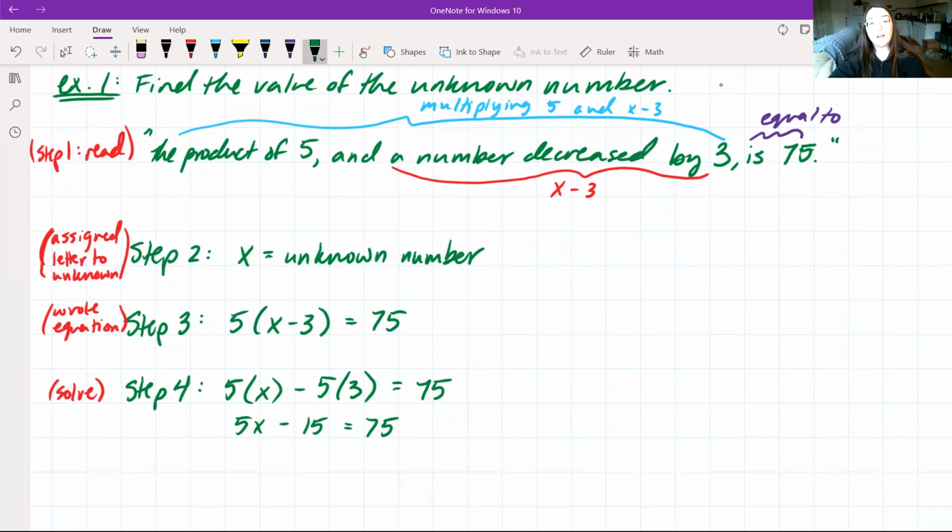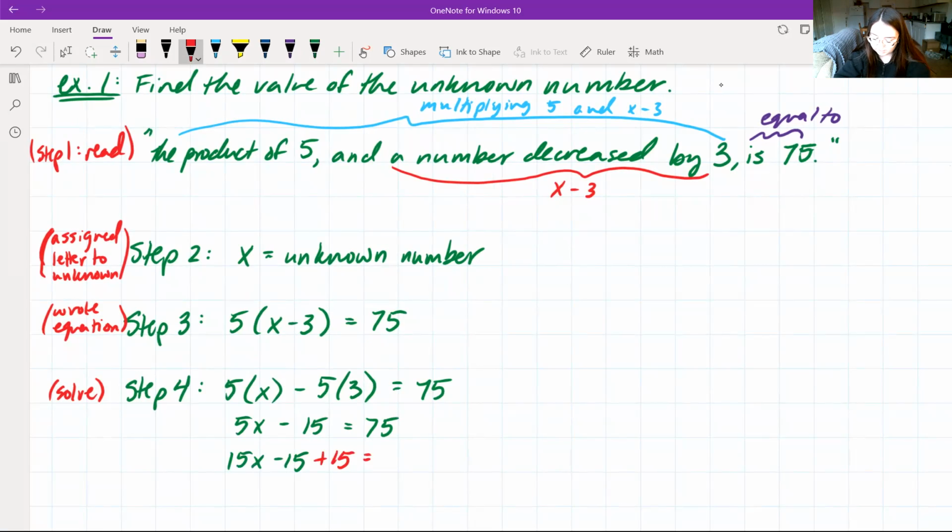We're solving for x in this case, so we want to use our addition and multiplication properties of equality. So let's start with isolating our x term on one side. So let's add 15 to both sides in order to isolate it.